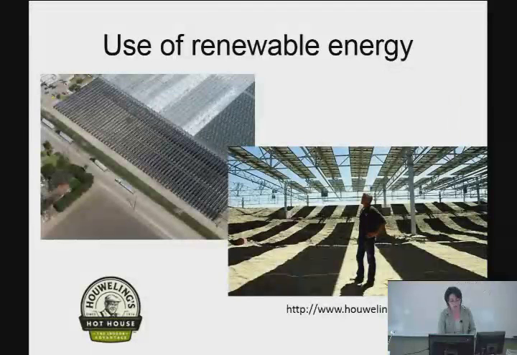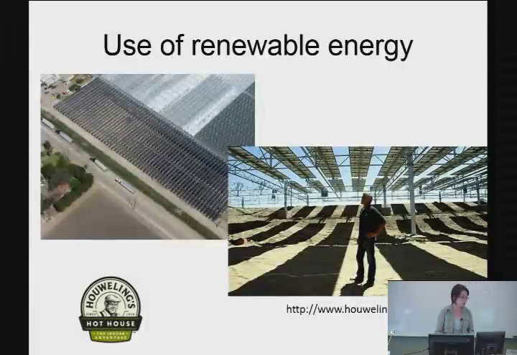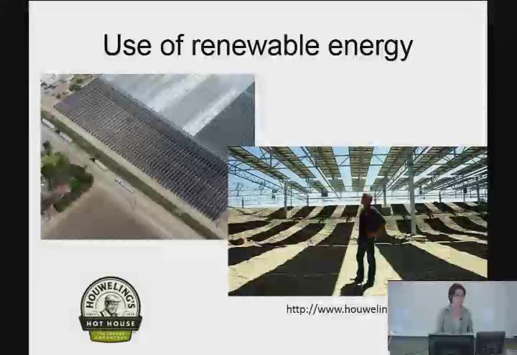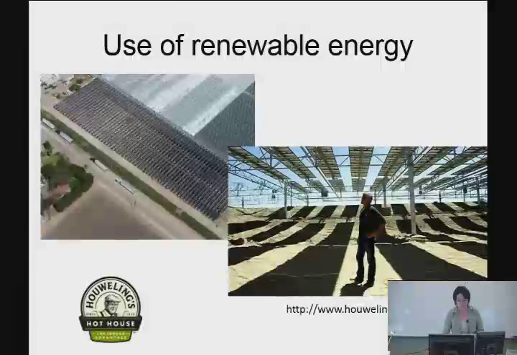So this particular company is more interested in using sustainable technologies, renewable energy, using a solar panel to generate electricity, using a cogeneration to generate the power, and in addition to generating electricity, they generate hot water and then also CO2 to inject into the greenhouse.